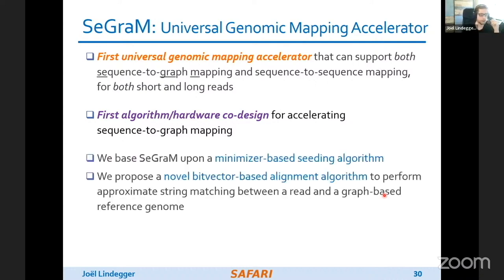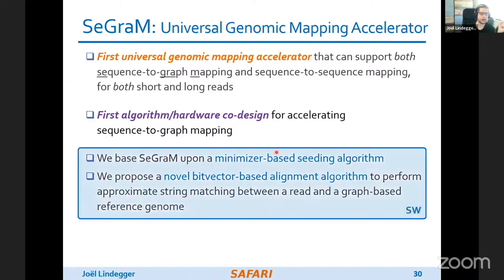It consists of 2 steps here. So the seeding algorithm is based on minimizers, and the pairwise alignment algorithm for graphs is based on a bit vector based alignment algorithm. So if you recall last lecture, bit vector based, that's the algorithm that's talked about here.